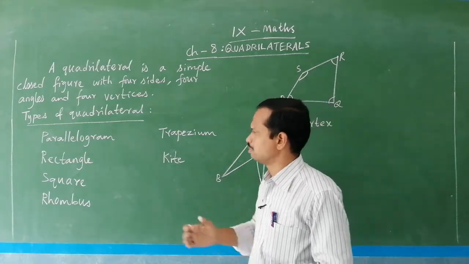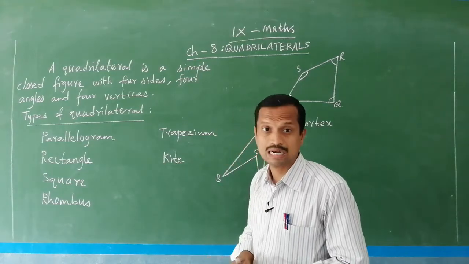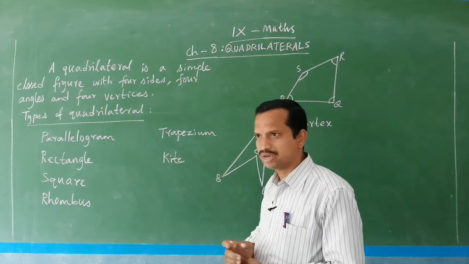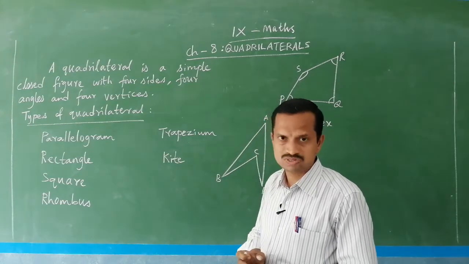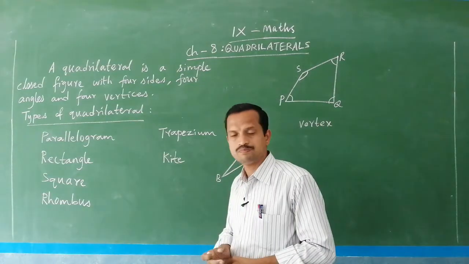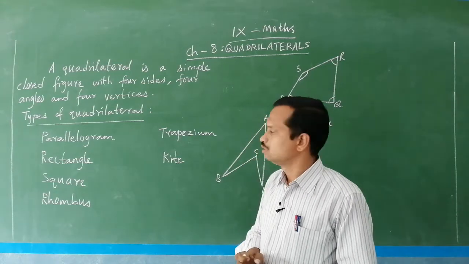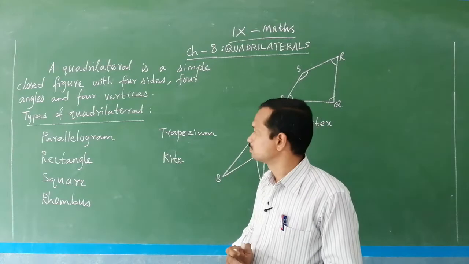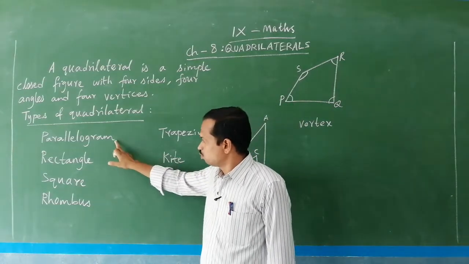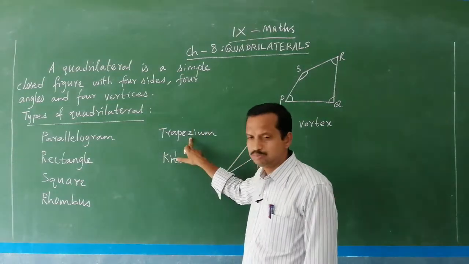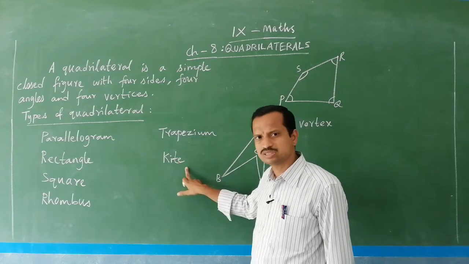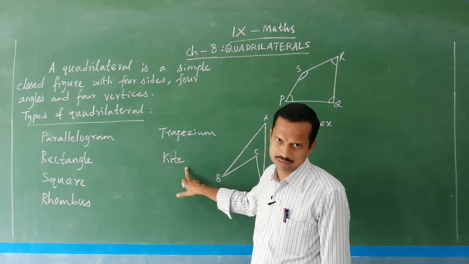So now we see the types: parallelogram, rectangle, square, rhombus, trapezium, kite. So these are the types of quadrilateral. So 1, 2, 3, 4, 5 up to trapezium is normal, but kite is a special type of quadrilateral.